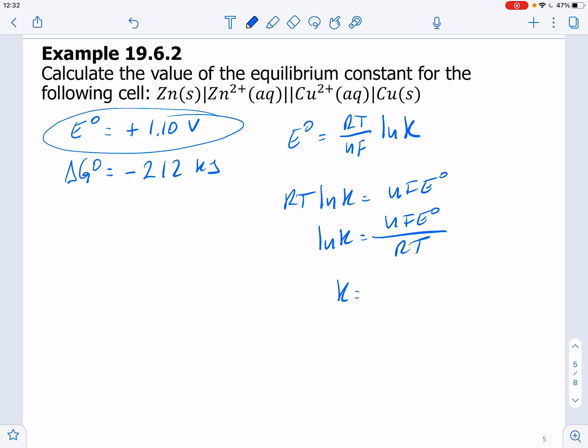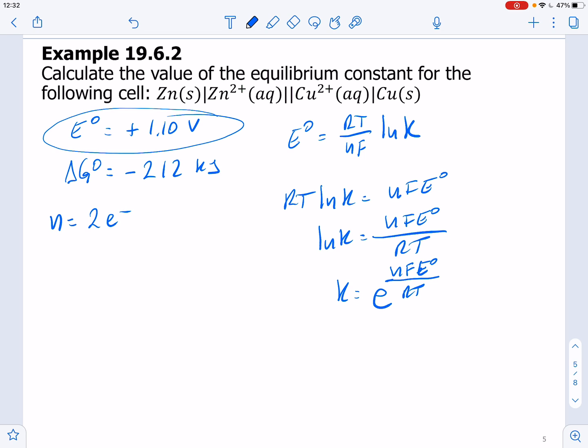So K at the very end is going to be the exponential of the whole expression, NFE divided by RT. So all this becomes now is just plugging the numbers, right? We have already seen that this particular reaction is the same cell that we had before.